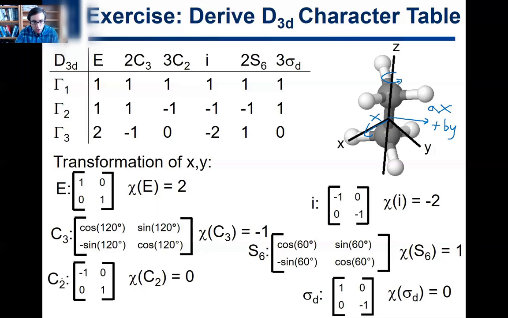Before, when we said Z goes to negative Z, essentially what we're saying there is that Z times -1, a 1 by 1 matrix, went to negative Z, right? I guess I can make this a matrix too.